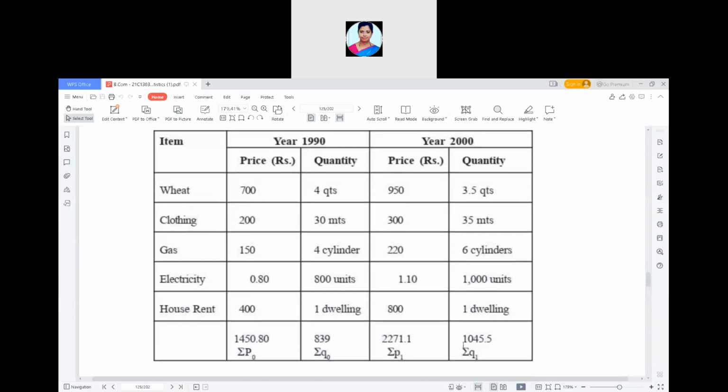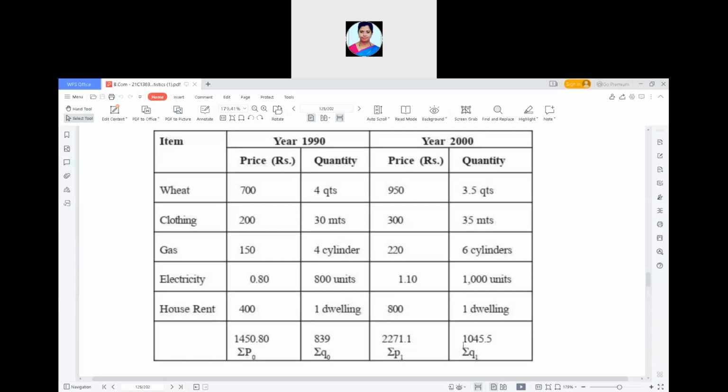We are comparing the two years, 1990 and 2000, and the corresponding price and quantity are given. The price is in rupees, and the quantity units are different.